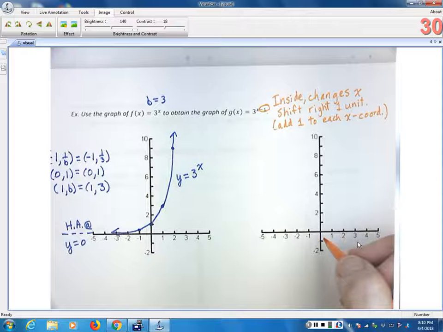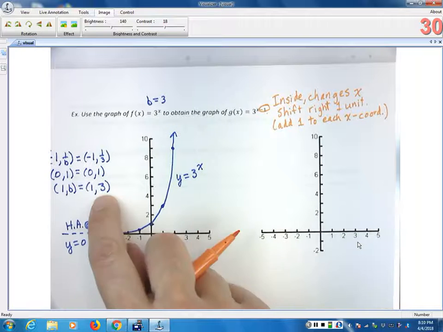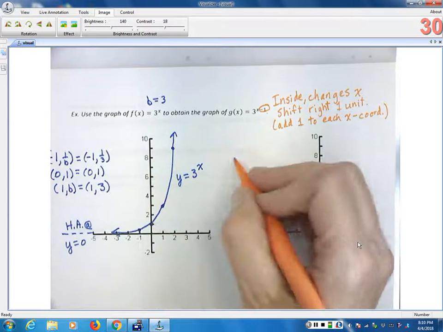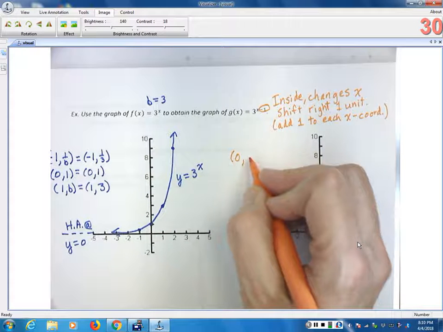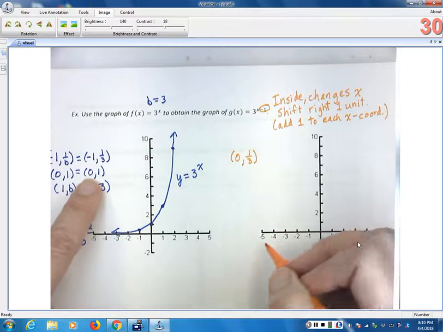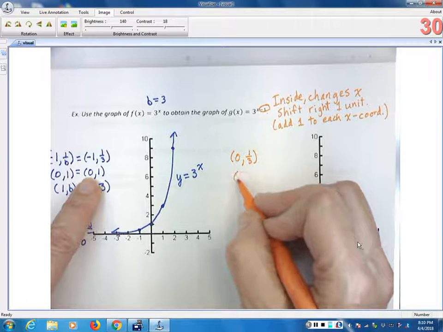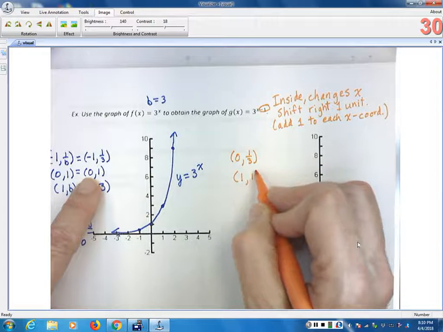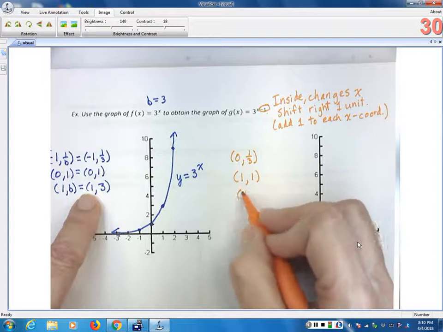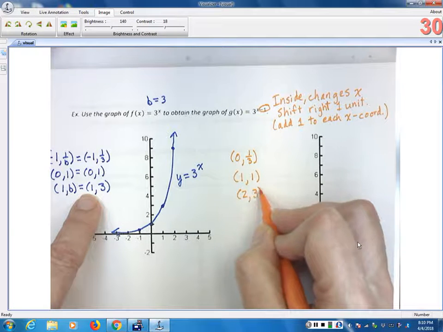Okay, so there are our coordinates. So we add 1 to -1, we get 0, and y stays the same. That's a point on this new graph. Add 1 to 0, you get 1, and y stays the same. Add 1 to 1 here, you get 2, y stays the same.